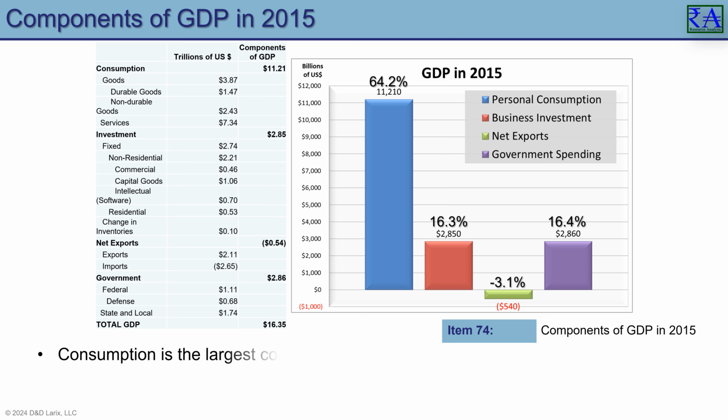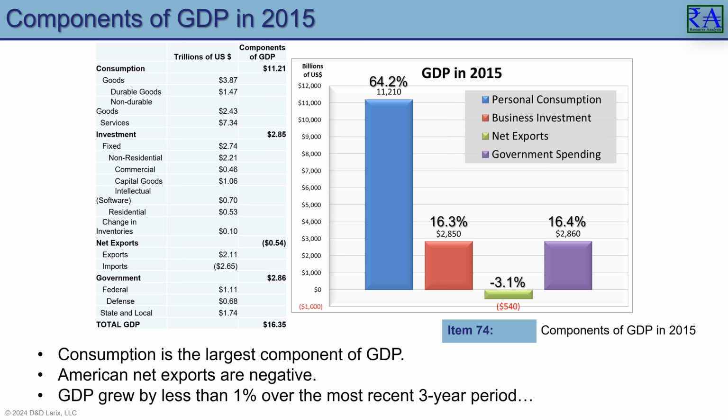In 2015, the U.S. GDP was composed of several key components, each reflecting different aspects of economic activity. Personal consumption expenditures made up the largest portion, indicating the importance of household spending in driving the economy. Gross private domestic investment followed, highlighting investments by businesses in new equipment, buildings, and inventory.